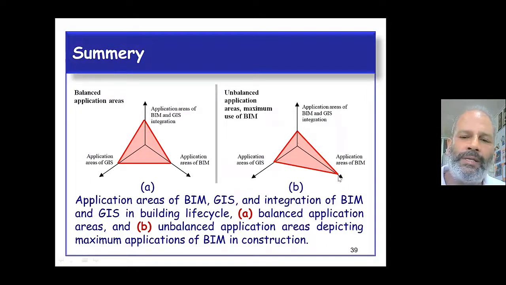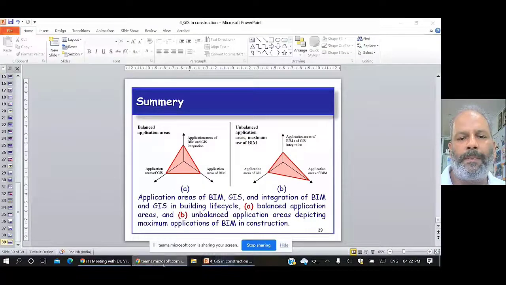You'll find a lot of applications of BIM in the building life cycle, very few applications of GIS, and a few applications in which BIM and GIS have been used together. So this was all about the application areas of GIS in construction.